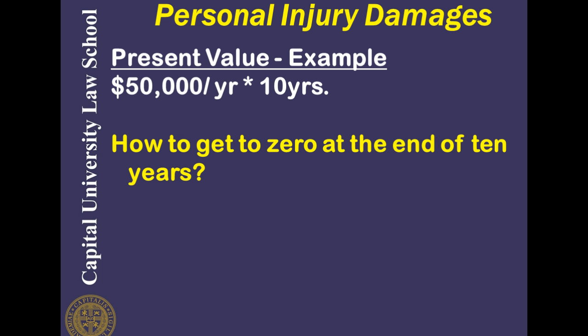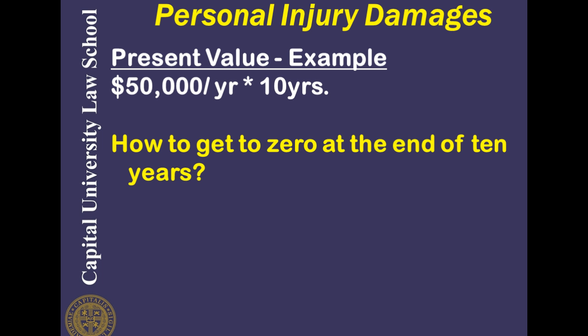Without the single opportunity rule, we would just order the defendant to pay the plaintiff $50,000 in year 1, $50,000 in year 2, etc., etc. Or to buy an annuity, whatever the company selling annuities would charge, that would pay $50,000 each year.